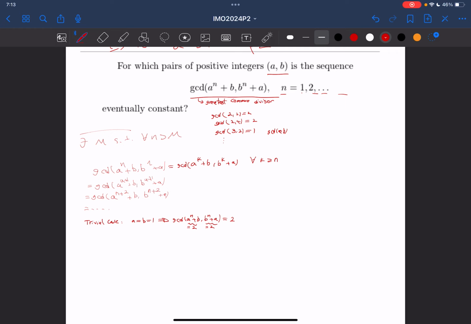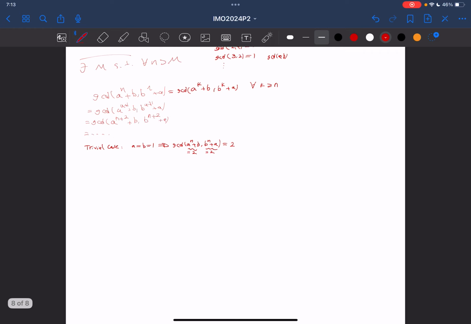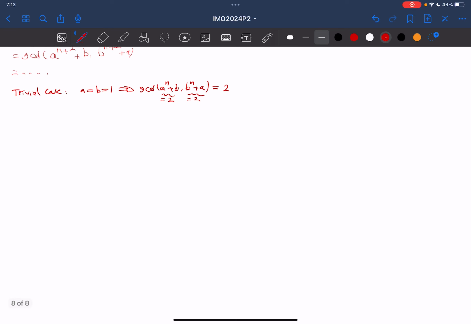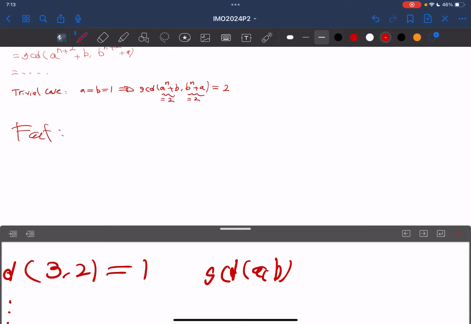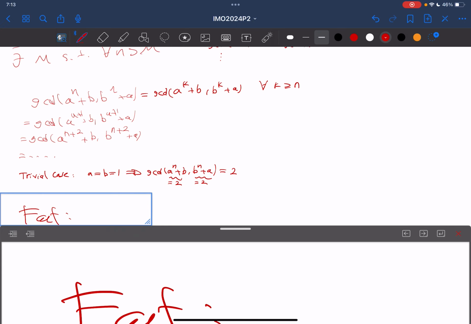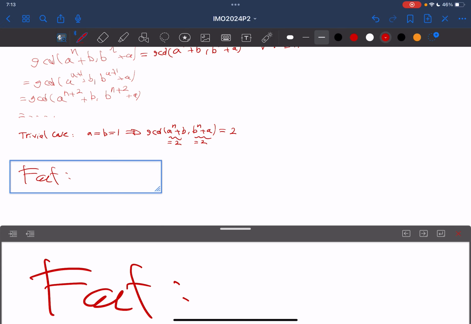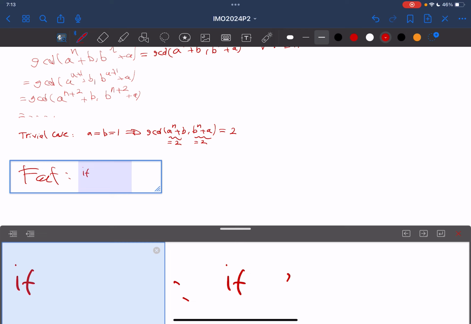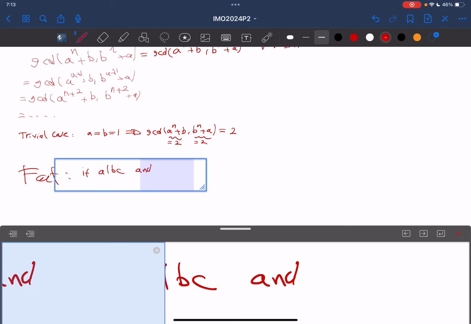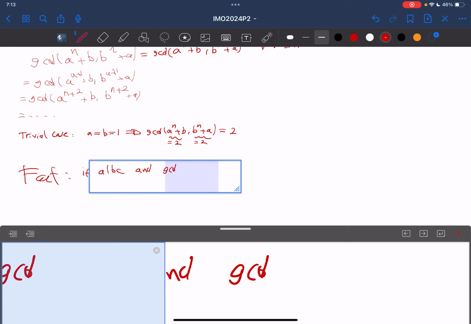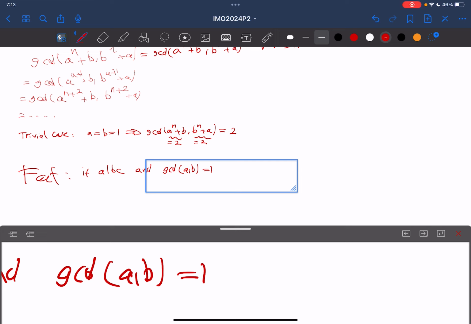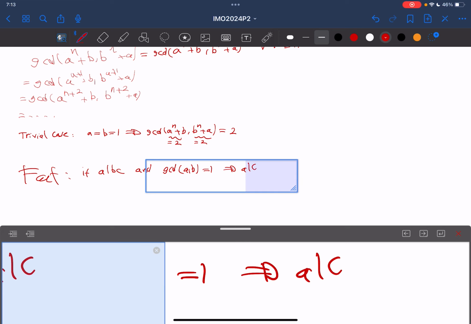But in order to solve this problem, we need a couple of well-established facts from number theory. So let me go over the facts here. Fact: if a divides bc and the GCD of a and b is equal to 1, then a divides c.